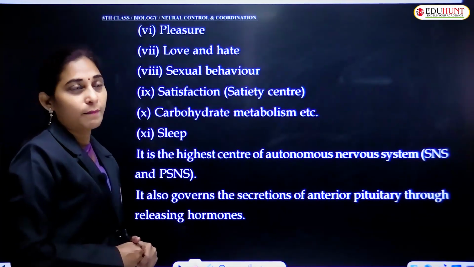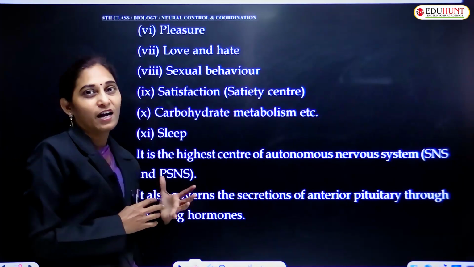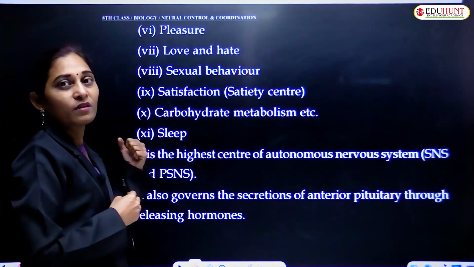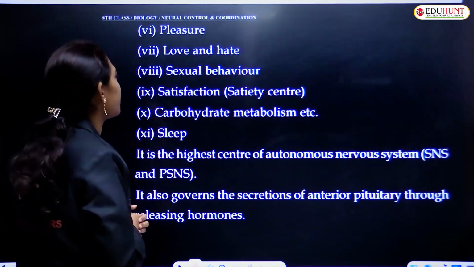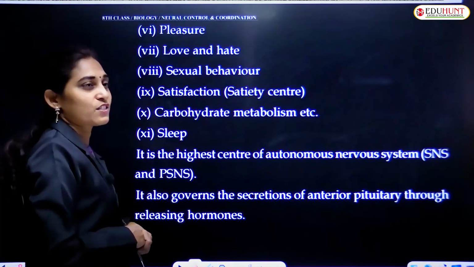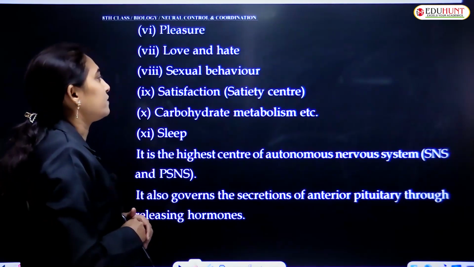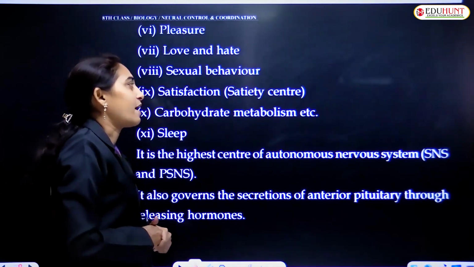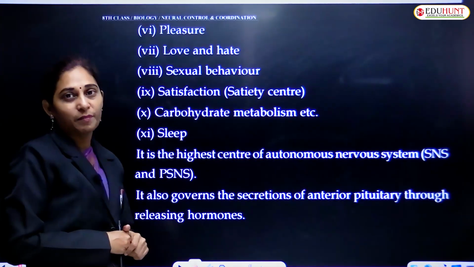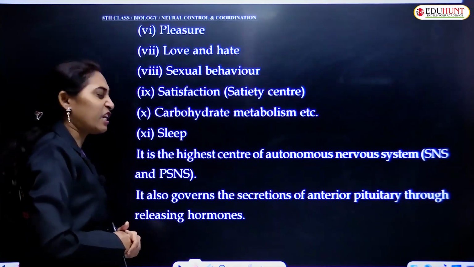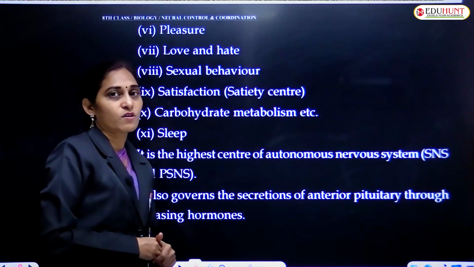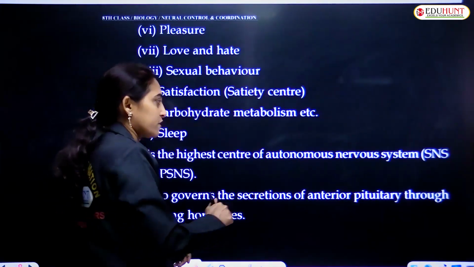Pleasure, love and hate are also connected to the hypothalamus region. Even sexual behavior and satisfaction, which is the satiety center, carbohydrate metabolism and sleep. And this is the highest center of the autonomous nervous system.